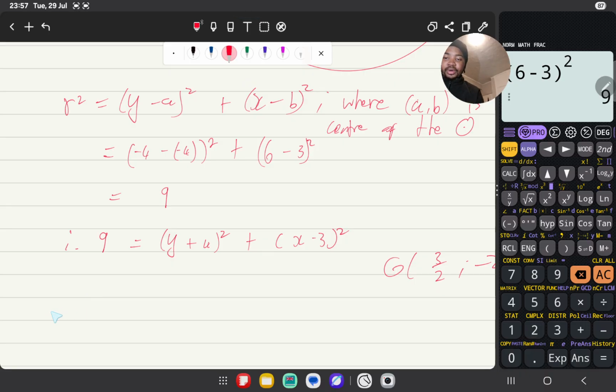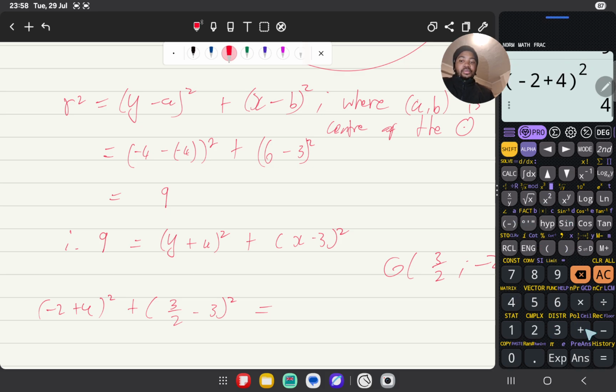So I will say y, which is minus 2 plus 4, squared, plus I have 3 over 2 minus 3, squared, and I am getting 6.25.